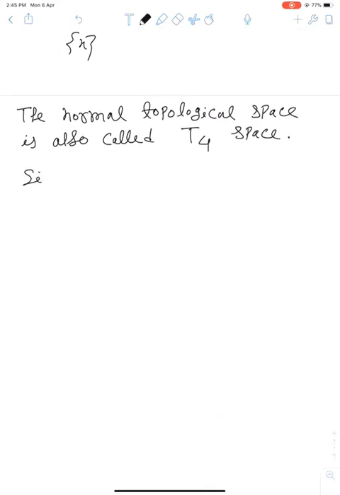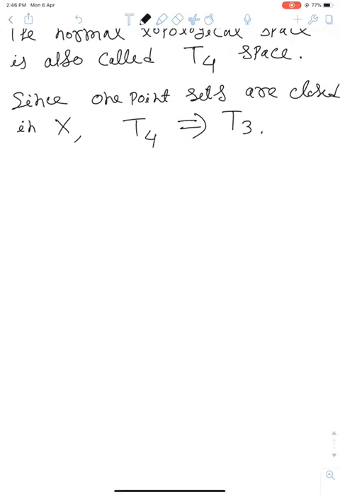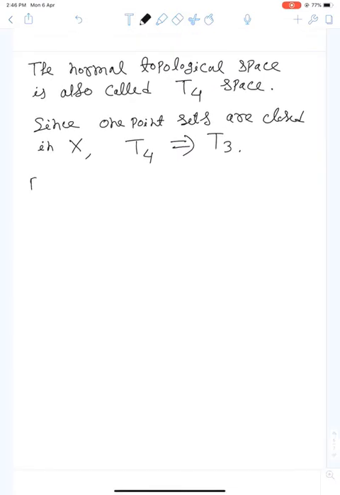Now since one-point sets are closed in X, T4 will imply T3. That is, normal implies regular, but the converse is not true. That is, T3 does not imply T4.